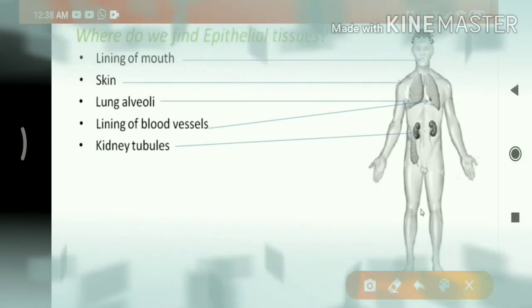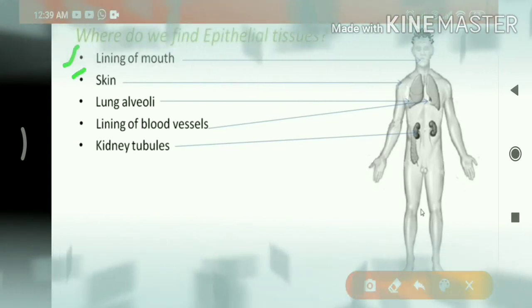Next, the extracellular fibrous basement membrane separates the epithelium from the underlying tissues. Underlying tissues means one basement membrane separates from another basement membrane.